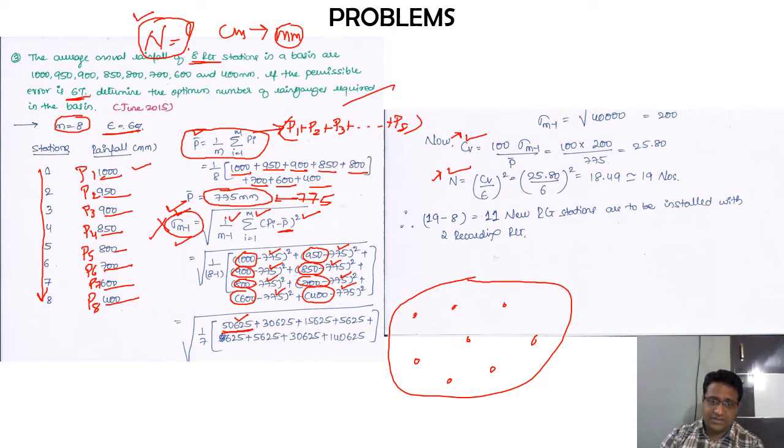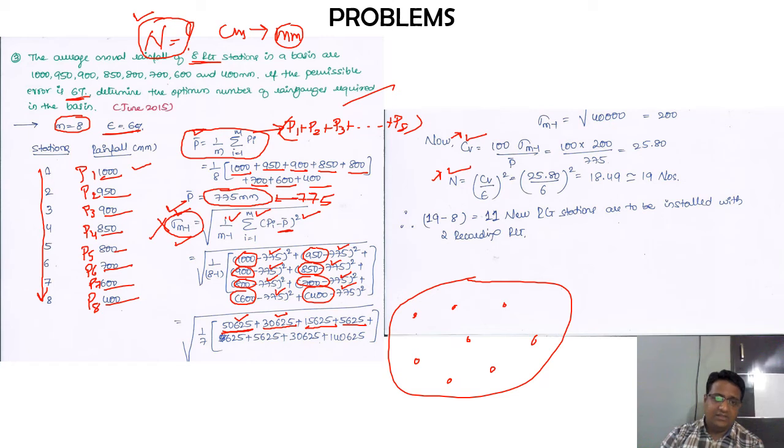So the first one, 1000 minus 775, the whole square is 50,625. Similarly, the next one, 950 minus 775, the whole square is 30,625. Next, 900 minus 775 is 15,625. Now the fourth bracket, 850 minus 775, the whole square is 5625.